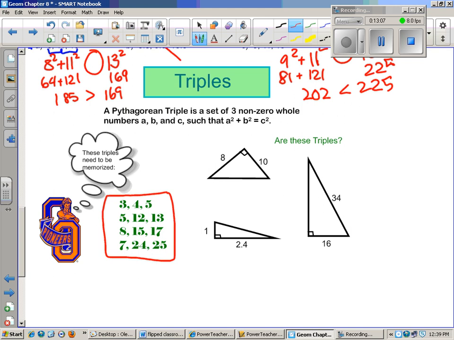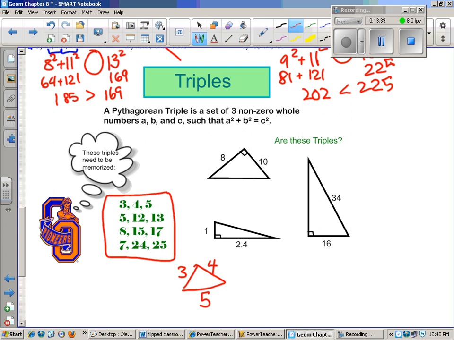These sets of numbers always make right triangles. If you see a triangle labeled 3, 4, 5, it is definitely always a right triangle. Or if it's labeled 5, 12, 13, always a right triangle. 8, 15, 17, 7, 24, 25. Like I said, there's more, but they're big and bulky and hard to memorize. But if you memorize these four, you'll be good.